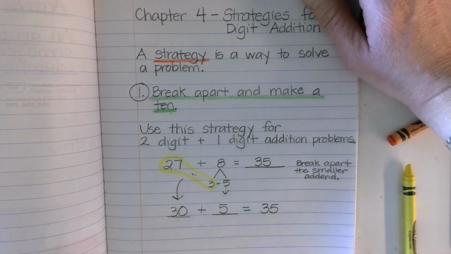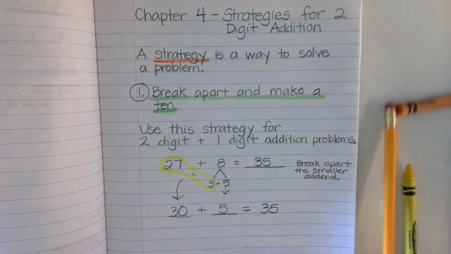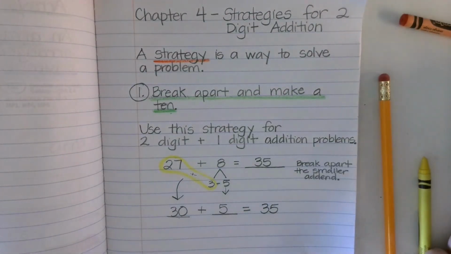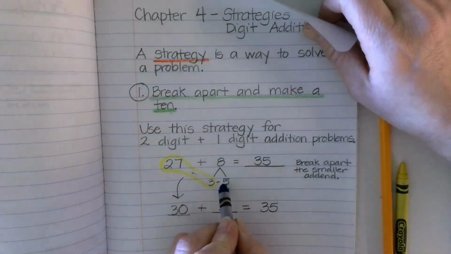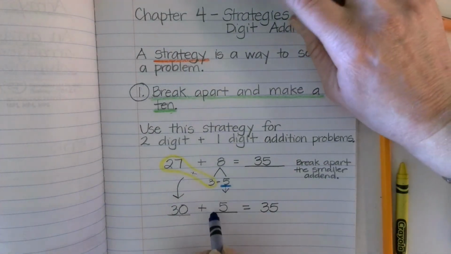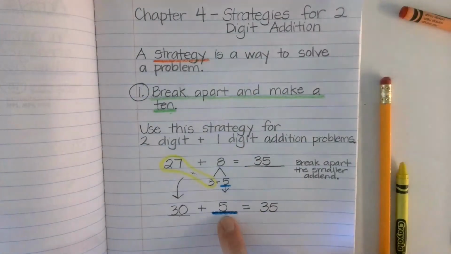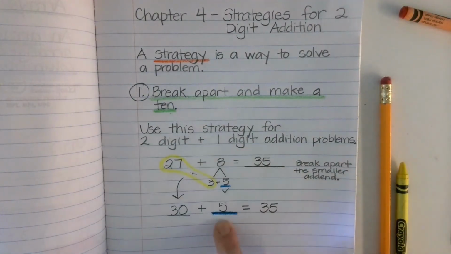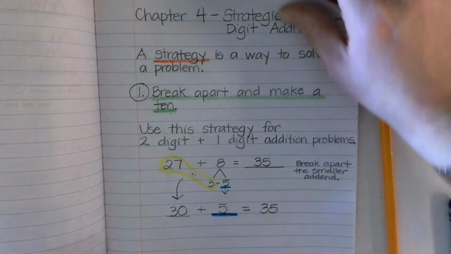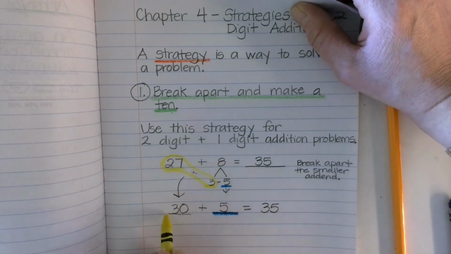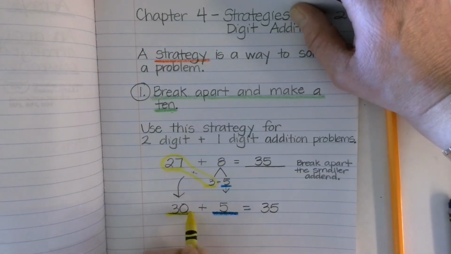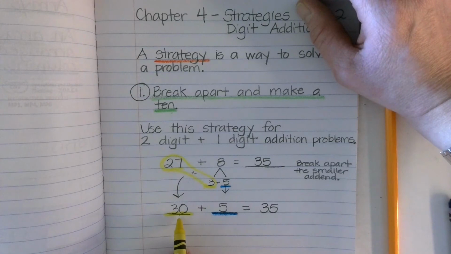Let's try this with one more. But I'm going to add a little bit more color to this one. On your 5, just put a little bit of blue under it, and then put blue under your second addend here, just so you remember that that goes right in there. And here, with your 27 and your 3, just put a little bit of color under that 30 so that you know where that came from.